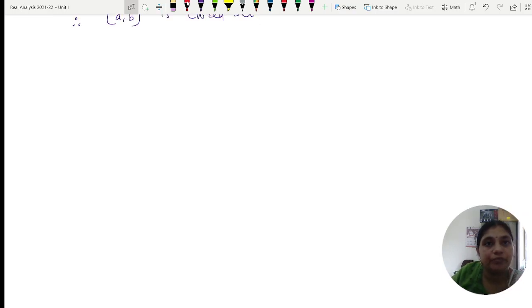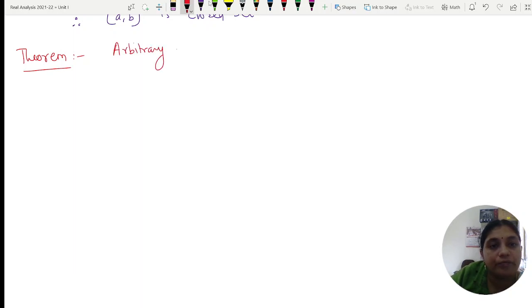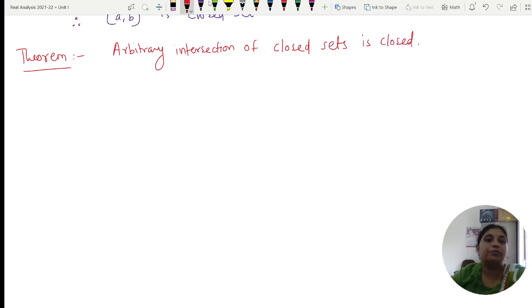Now here for closed sets, the theorem: an arbitrary intersection of closed sets is closed. We want to prove this. So how will we prove it?